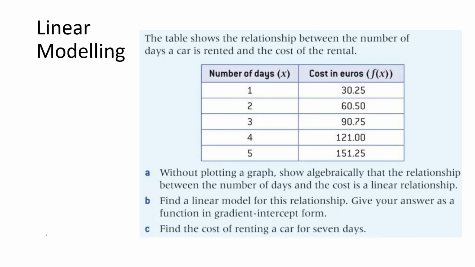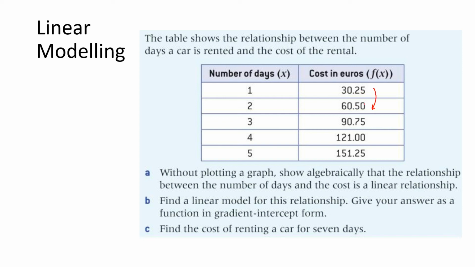The last section here is all about linear modeling, which you're going to need on your calculators. And it talks about using these tables to come up with a linear model for the function. And so it says, without plotting a graph, show algebraically that the relationship between the number of days and the cost is a linear relationship. So we just need to show a constant rate of change.